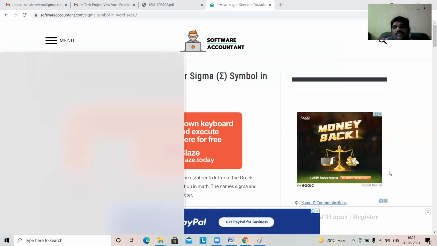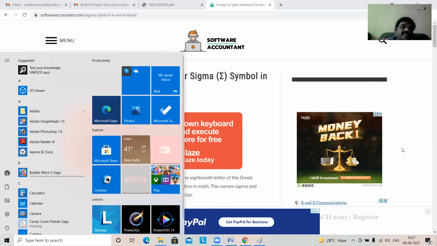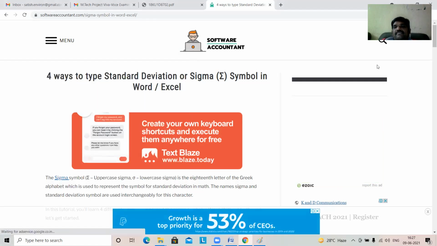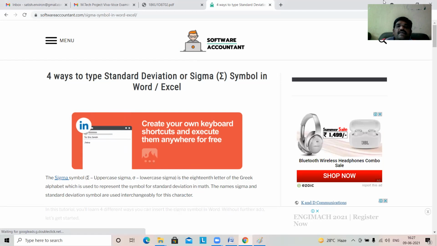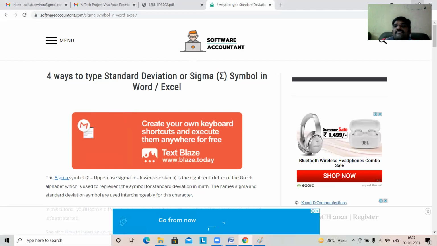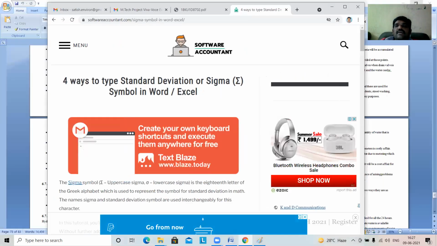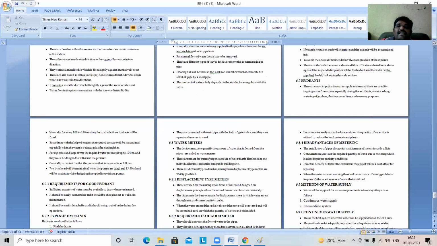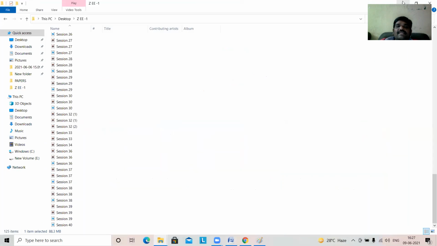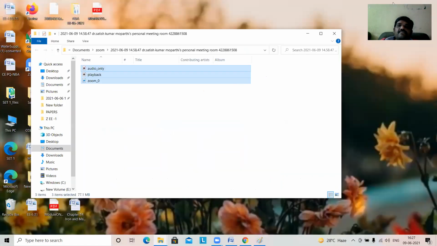See here, almost everywhere we are discussing various concepts. Almost in all the units, if we have a look at what we discussed, we were able to understand different types of concepts related to water supply engineering.